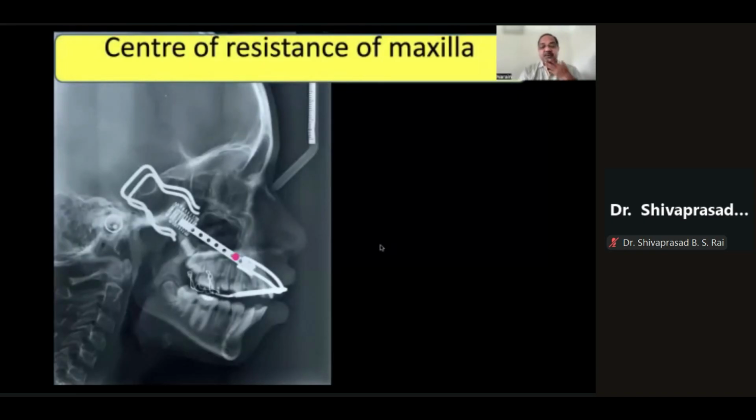Now this is how you draw a triangle. As I told you earlier, this is your line of force, this is your occlusal plane, and this is your theta angle. So this is how you will be able to decipher the vertical amount of forces and the horizontal amount of forces.